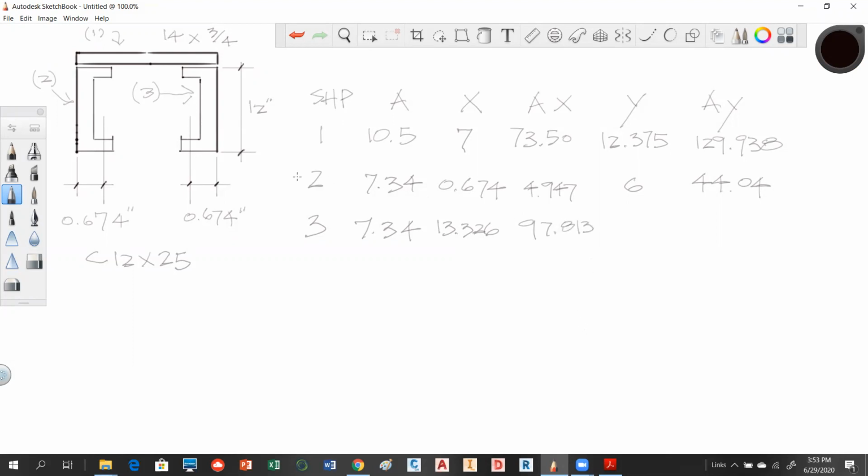Okay, so this guy will have the same value Y, so it's half of 12 again, that's going to be 6. 6 times that's going to yield for us the 44.04 value.